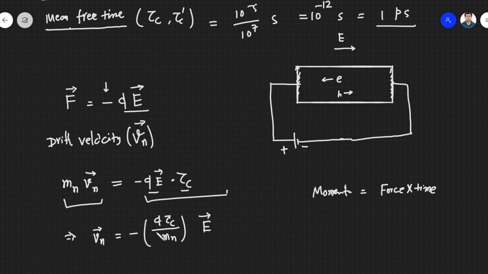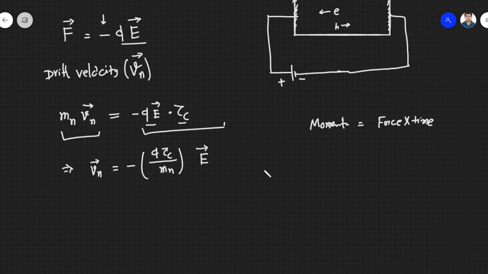Within the bracket, all the parameters are constant at a particular temperature, because tau c will be temperature dependent. The other two, Q and Mn, are constant even with temperature. At thermal equilibrium at a particular temperature, the quantity within the bracket is always a constant term.